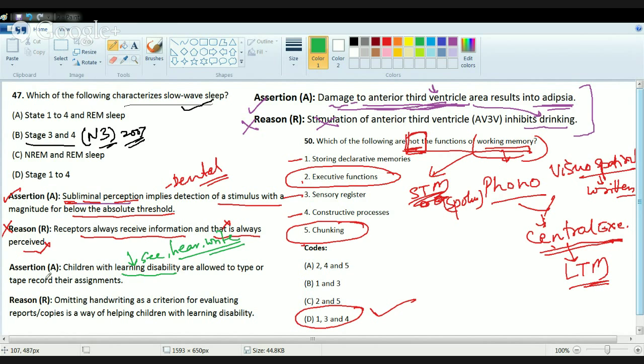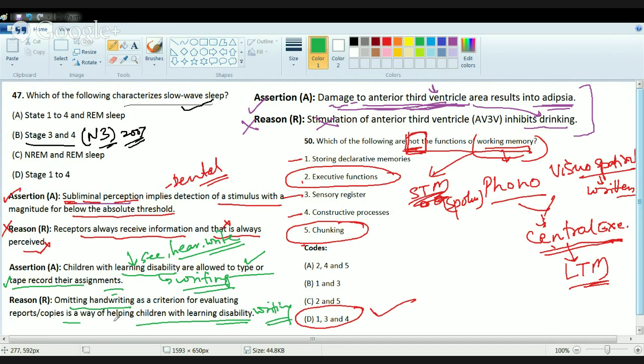Okay. Now let's read the first statement. Children with learning disability are allowed to type and tape record the assignment. This can happen in the case of a child with a learning disability in writing. If a child cannot write what he wants to express, what can alternatively be done? He can speak and someone can type, or he can speak and that can be tape recorded as an assignment. So this is correct. Omitting handwriting for evaluating copies is a way of helping children with learning disability in writing.